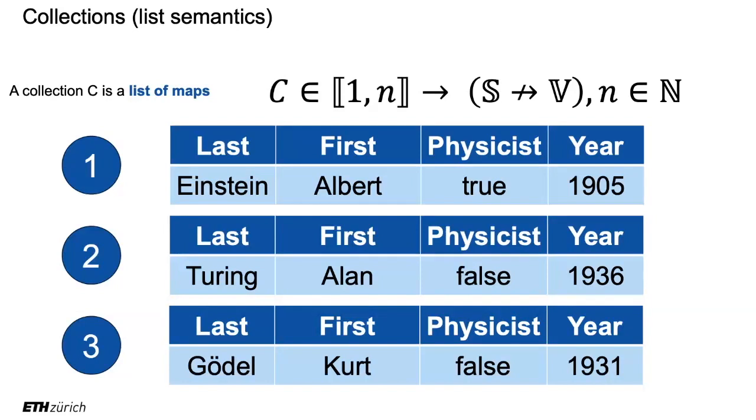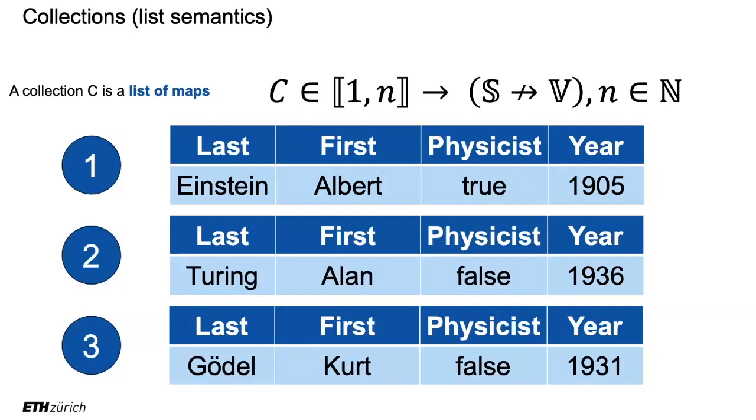This awful thing that is on the top, the formula, it just says that you take some n and then you map each one of the integers from 1 to n to some map. But that's just the way of telling the order, right? So 1 is associated with this Albert Einstein, 2 to Alan Turing, and 3 to Kurt Gödel. All right? But again, don't be too much scared by these formulas on the top. This is really just to make it formal.